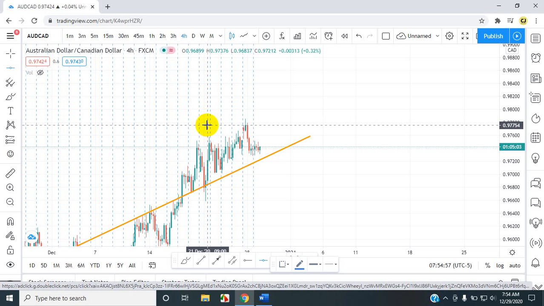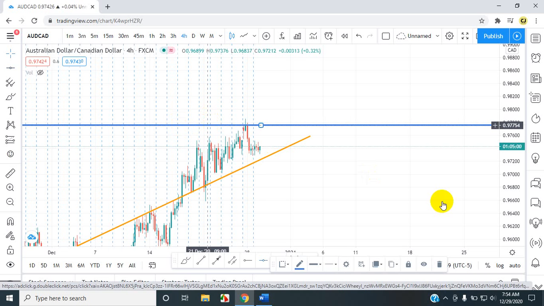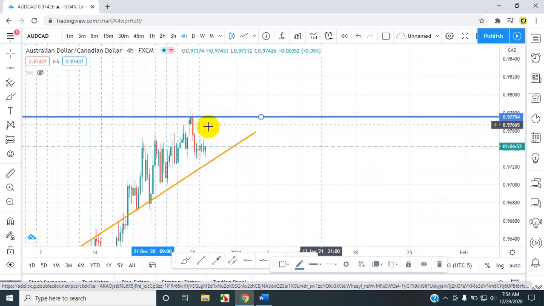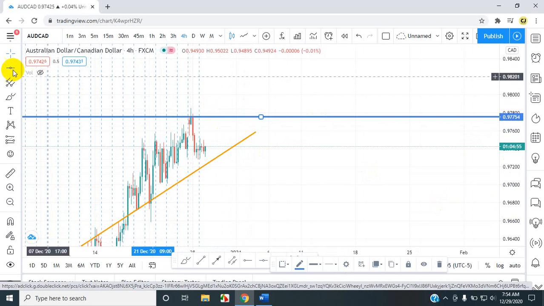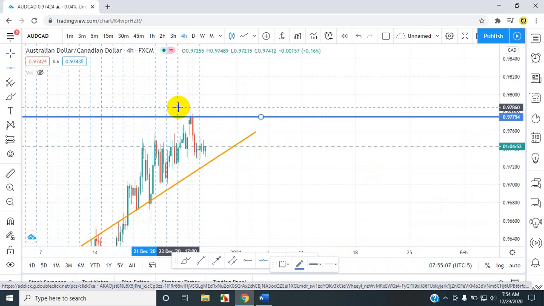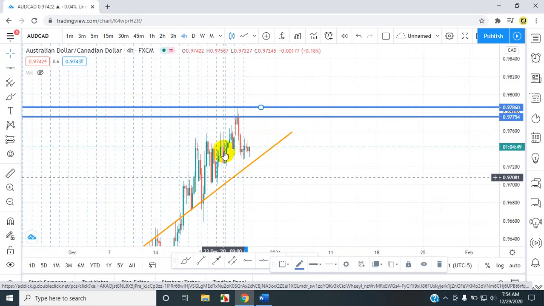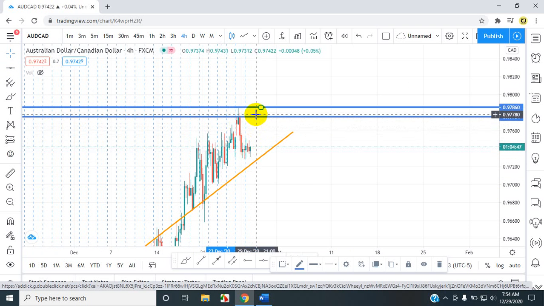So let's do two resistance lines: one on top of the bodies, and one above the highest wick in this area. If price jumps into here, it probably will bounce, and we'll wait for it to break out the top of this resistance line to go further up.